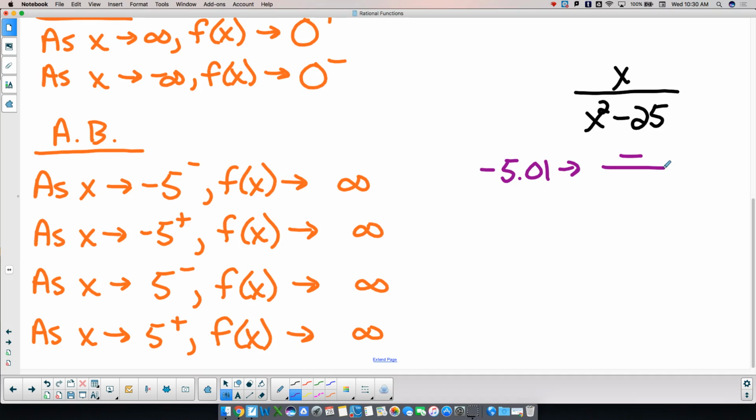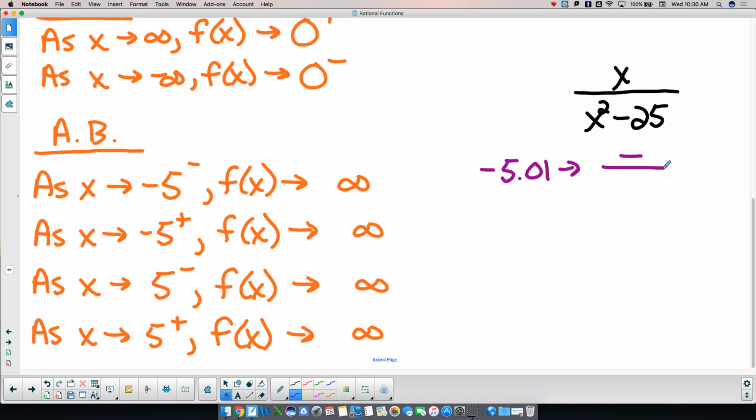Is that number going to be bigger or smaller than 25? It's going to be bigger than 25, right? So it's going to be a little bit bigger than 25. And then I'm going to subtract off 25. Is that going to be positive or negative?